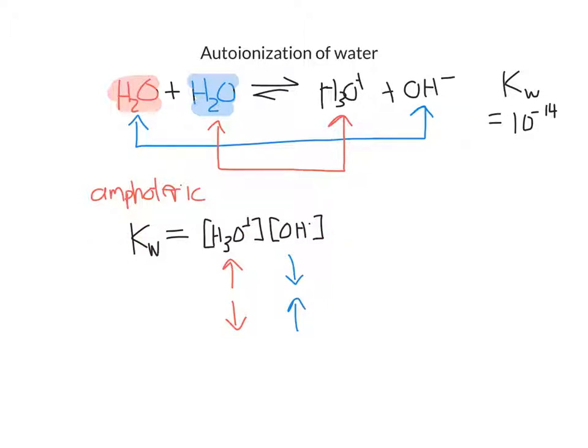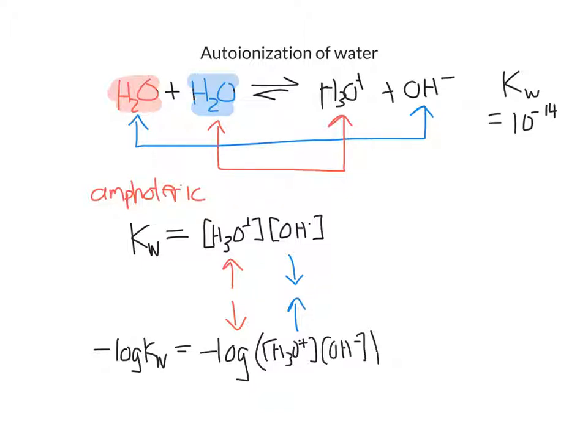So I would have minus the log of Kw is equal to minus the log of this product, H3O plus times OH minus. Remember that in our rules for logs, if I have the log of a product, it's the same as the log of the first thing plus the log of the second part of that product.